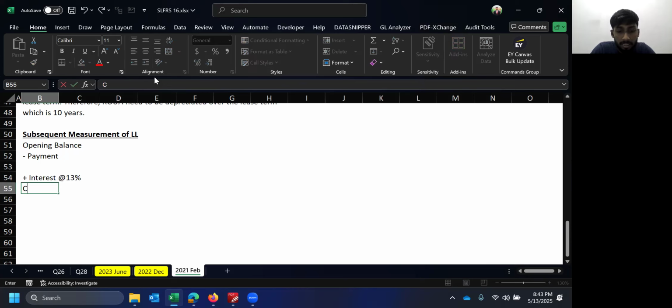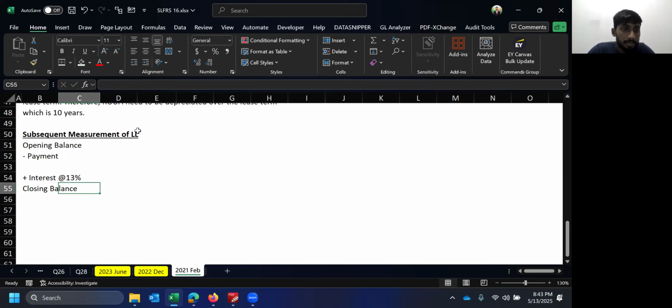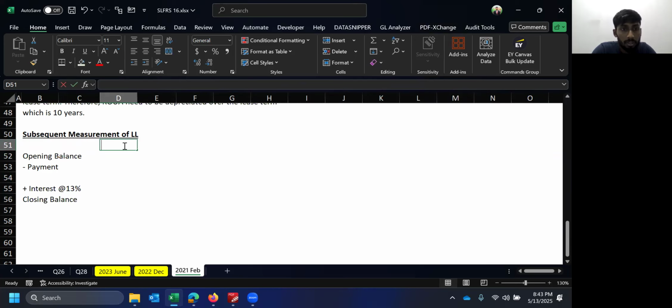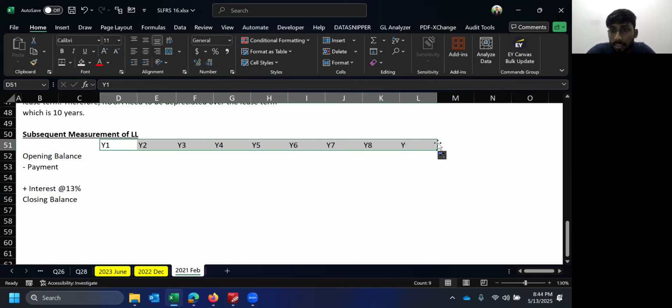Then I can get the closing balance. So I have from year 1 to year 10.